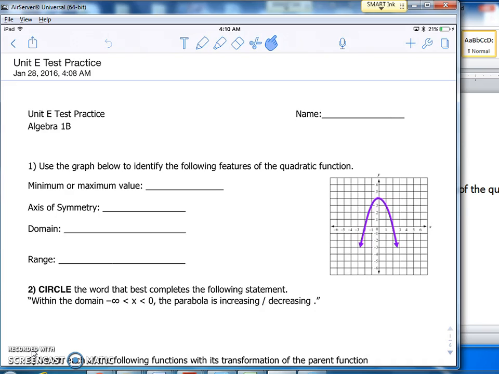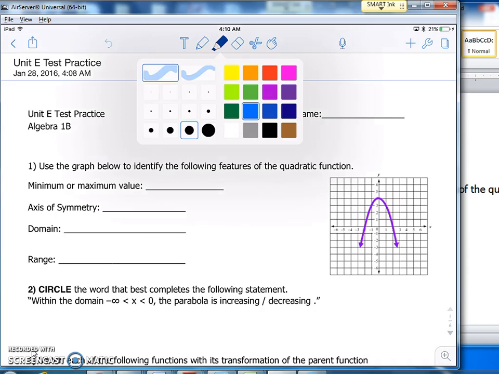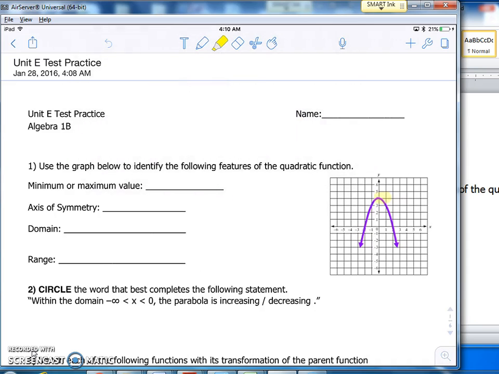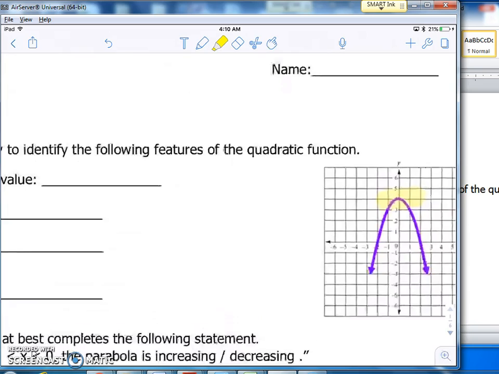So number 1 says, use the graph below to identify the following features of the quadratic function. So do we have a minimum or a maximum value? Well, maximum means that it doesn't go any taller. So we've got a point and there is nothing above that point on the graph. There are no points on the parabola above that, so this is a maximum value.